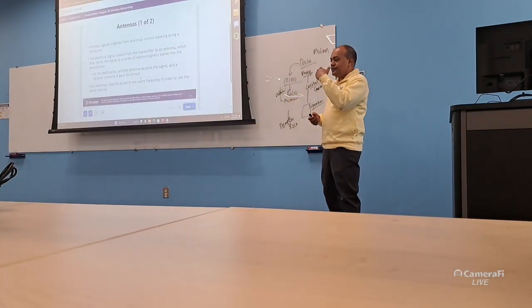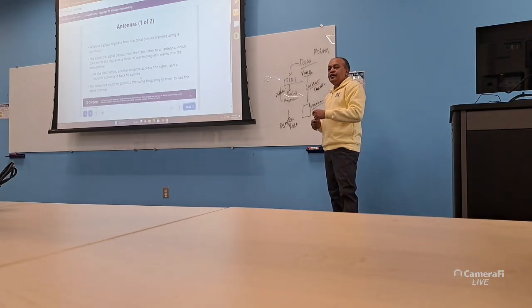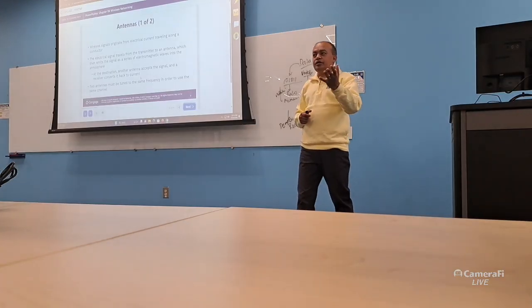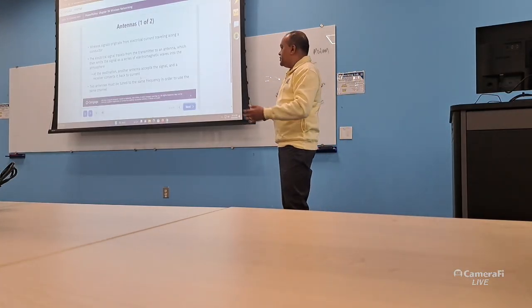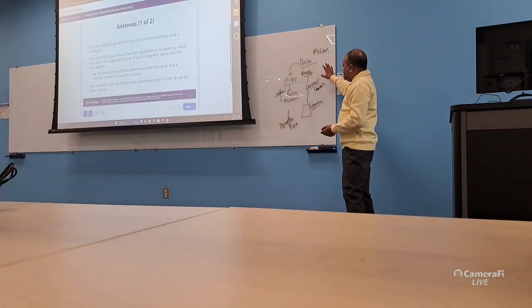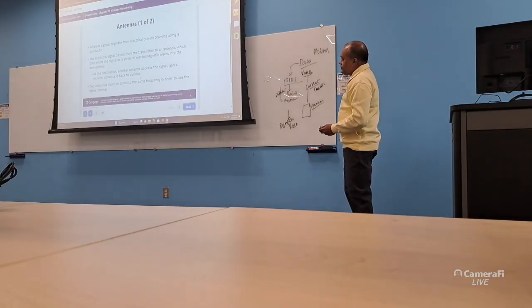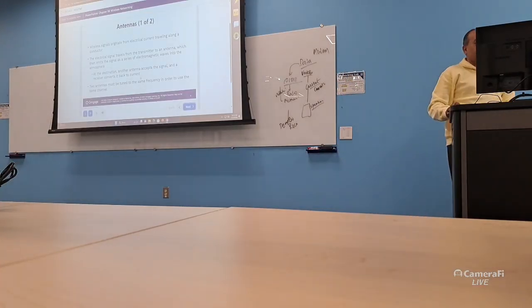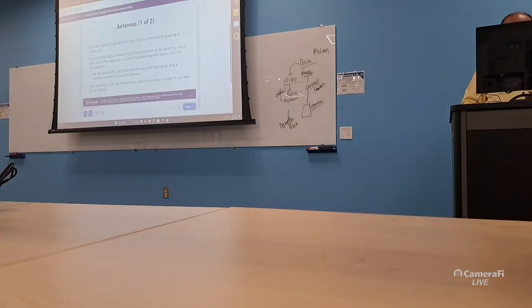You are sending as well as receiving. When you make a request for some data, you are sending a signal. When you are receiving the data, you are the receiver. So you have to convert the signals back into the data. That's how modulation, demodulation, and carrier and all those things work.